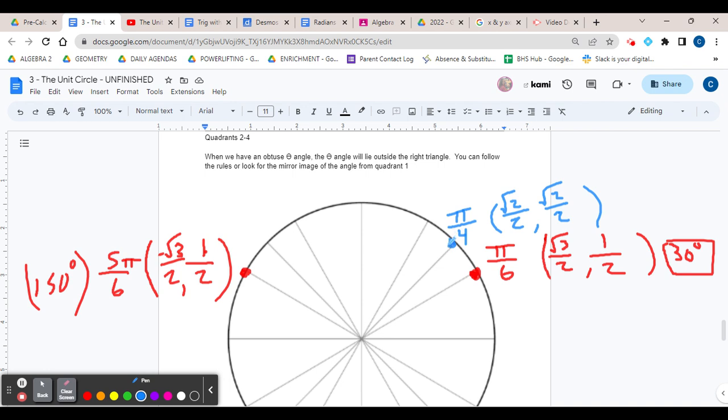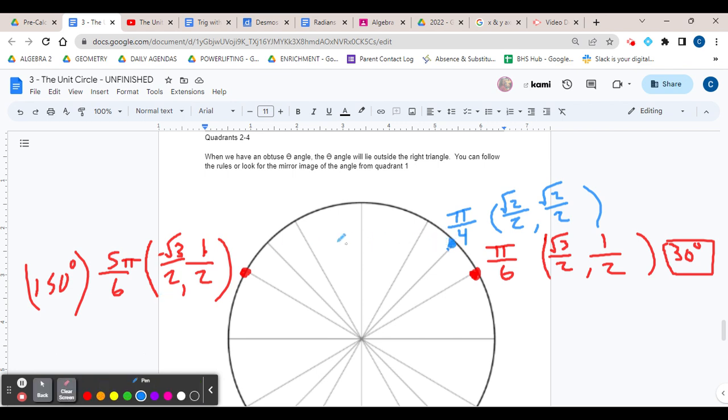That point right there at pi over 4, again, the angle is pi over 4 radians in our little right triangle here. We do the sine to get the y value, cosine to get the x value. They happen to be the same. Again, pull from the previous notes if you need to. And we get the points √2/2, √2/2.